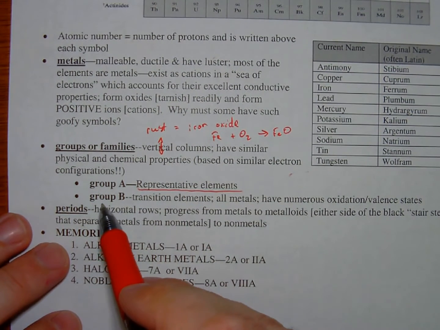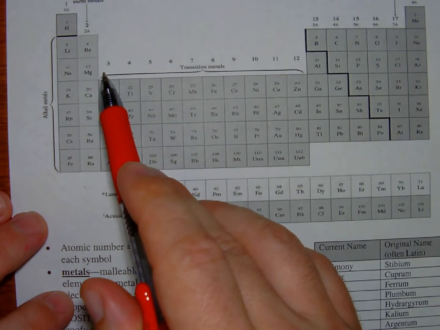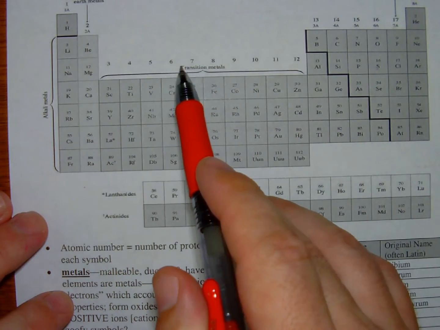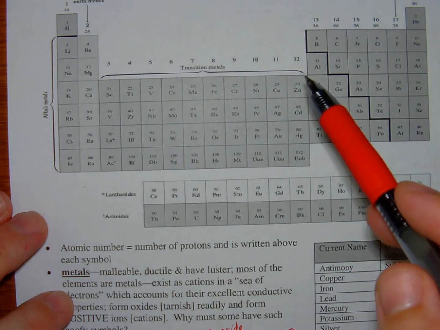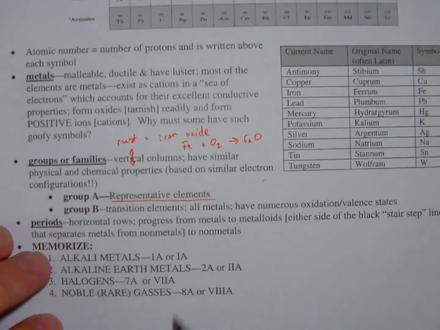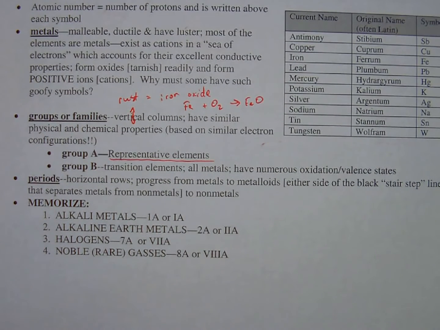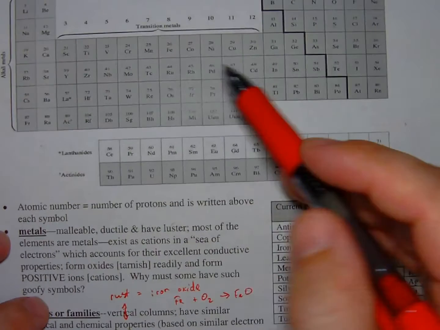But then there are the group B elements down here. So I got 3B, 4B, 5B, 6B, and on and on and on. These are the B group elements. Group B is the transition elements. They're all metals. They have numerous oxidation or valence states, meaning they can form different charges.